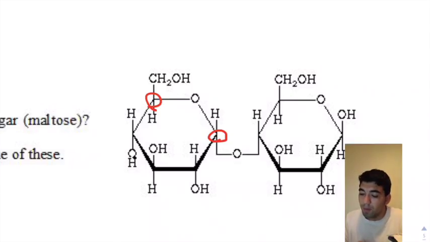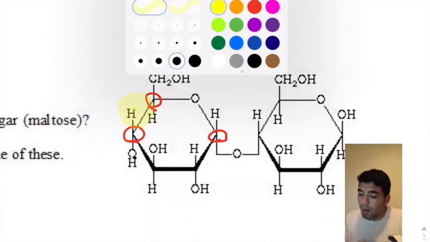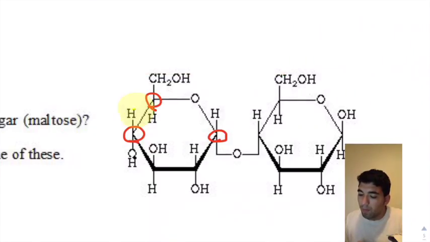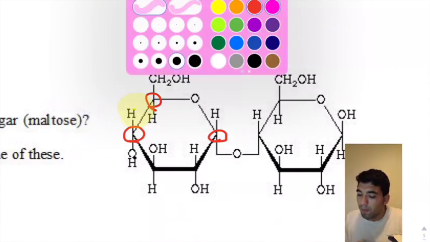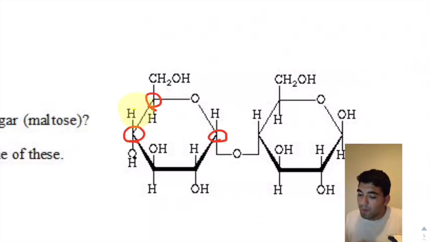Okay, on to this carbon. It's attached to an H. Let's use a highlighter. So attached to an H, and to the right of it, we have a C attached to 2 separate groups.